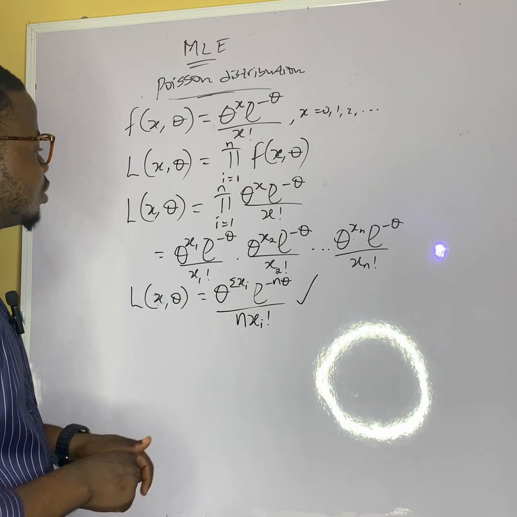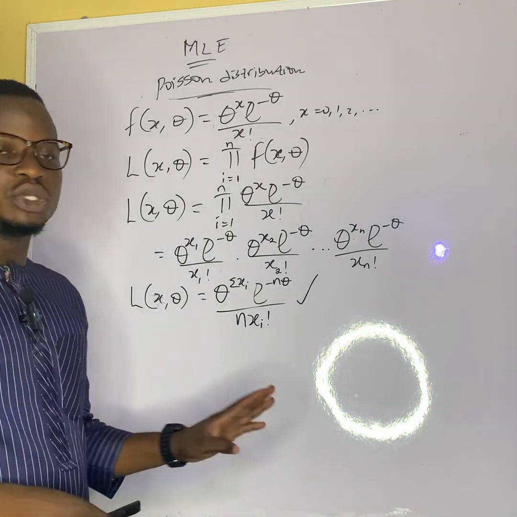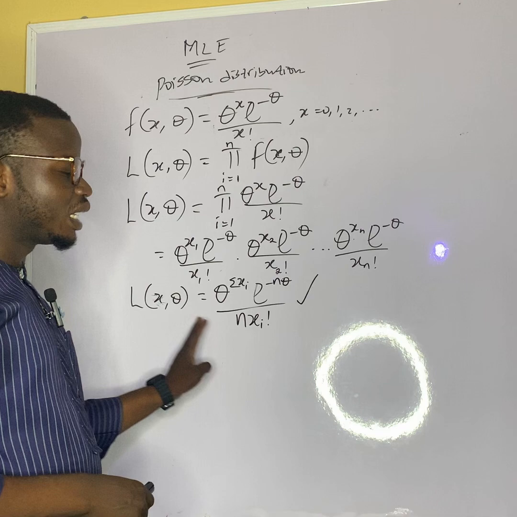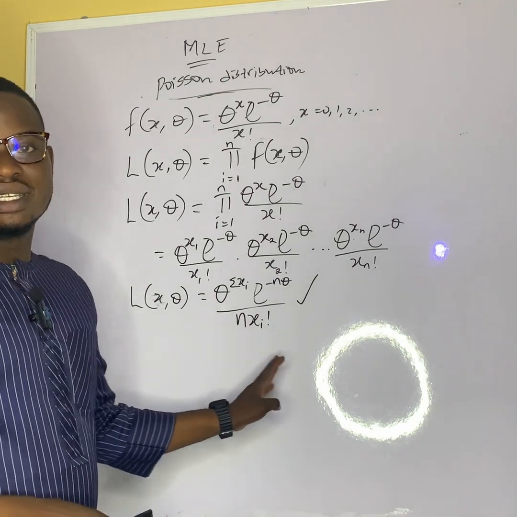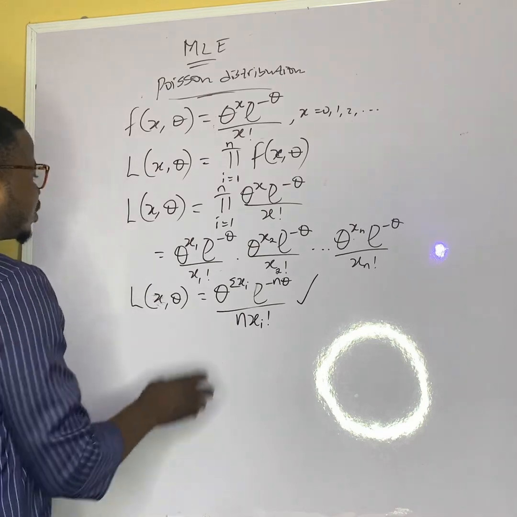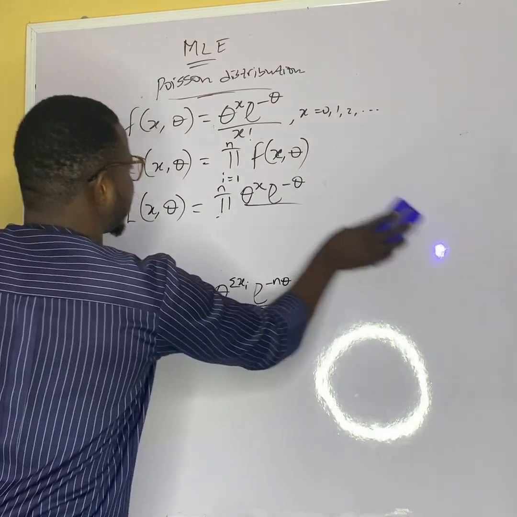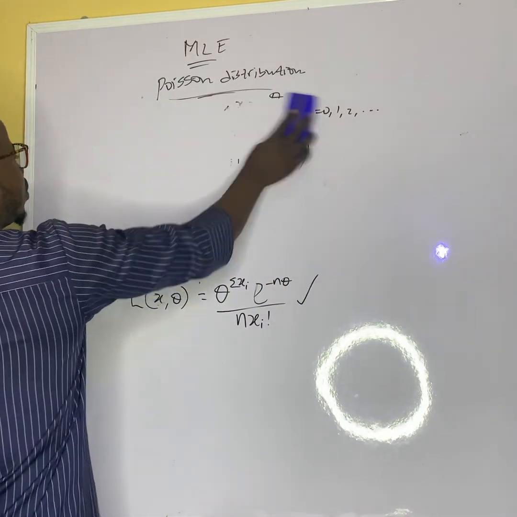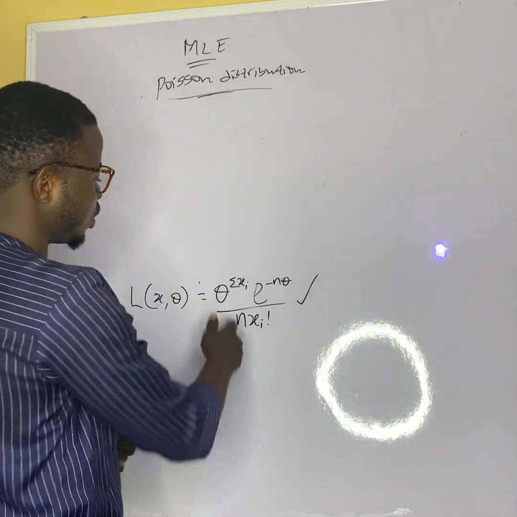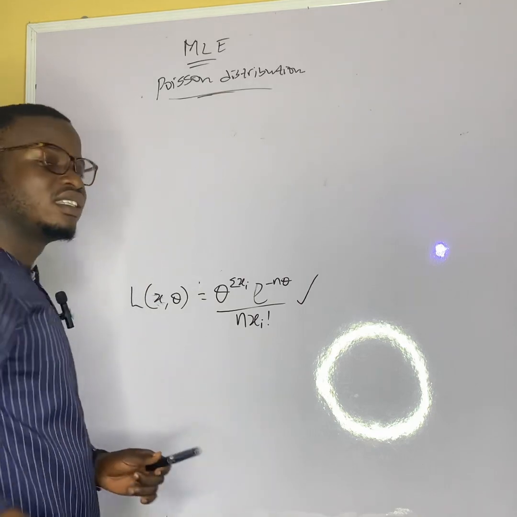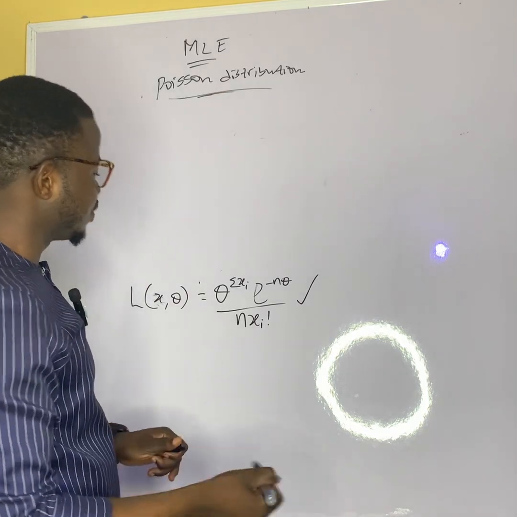Now to obtain the maximum likelihood estimator for a Poisson distribution, the first thing is to obtain the likelihood function. The next step is to find the natural log. Don't forget that the likelihood function is theta raised to the power summation xi, exponential minus n theta, over the product of xi factorial.